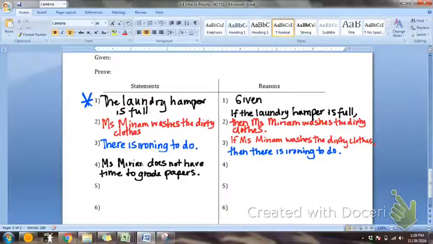How did I know that that was the next thing to do? How did I know I did not have time to grade papers? Because there's ironing to do, right? That was the first thing that I said.